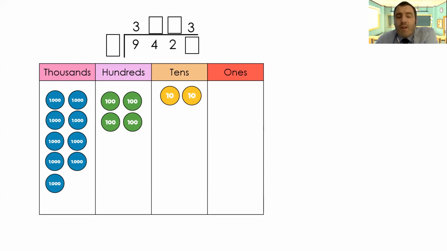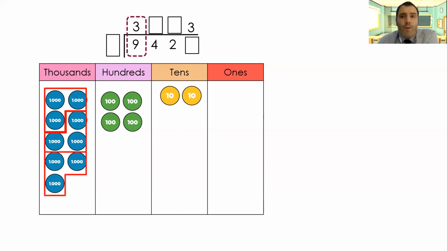We've got ones missing, so we don't know what's in there. So we're going to look first, as I was saying, what divides into 9 to give us 3? So we've got 1 lot, 2 lots, 3 lots of 3. So we're dividing this whole calculation by 3. With that knowledge, we can now go and look for the rest of the numbers.